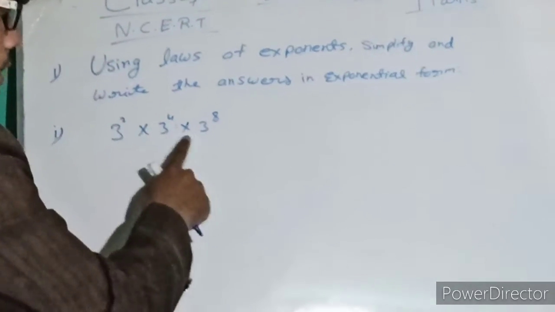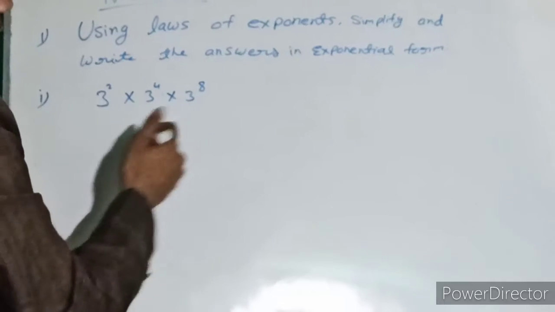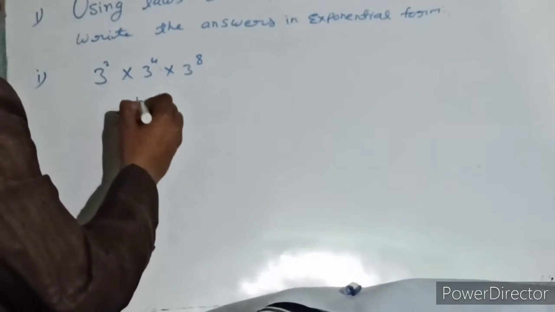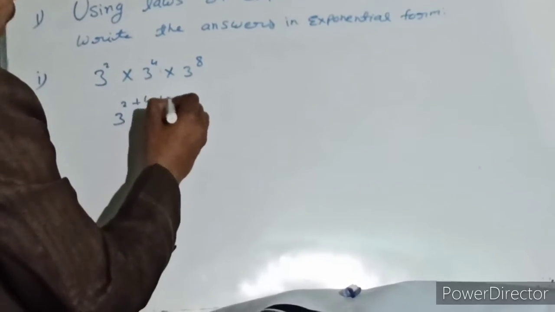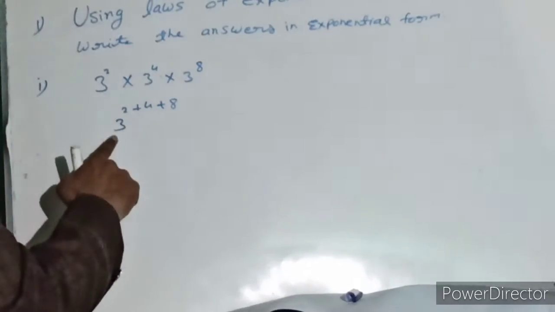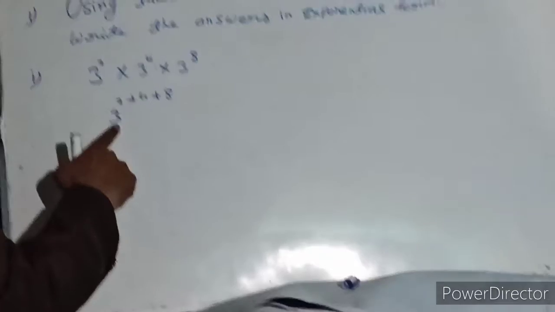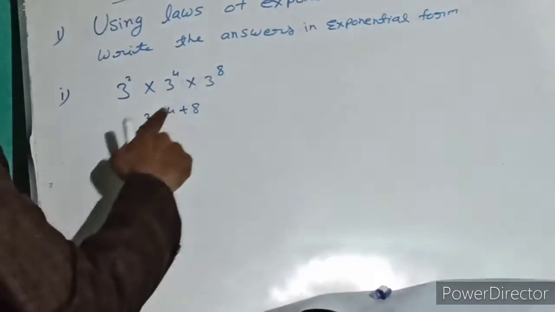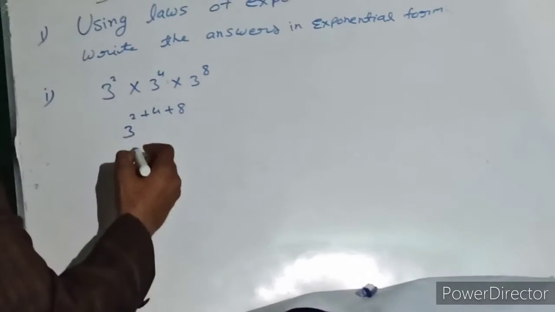And what is the sign here? Multiplication. So we will do it like this: 2 plus 4 plus 8. We have written 3 one time and we are doing addition of powers.